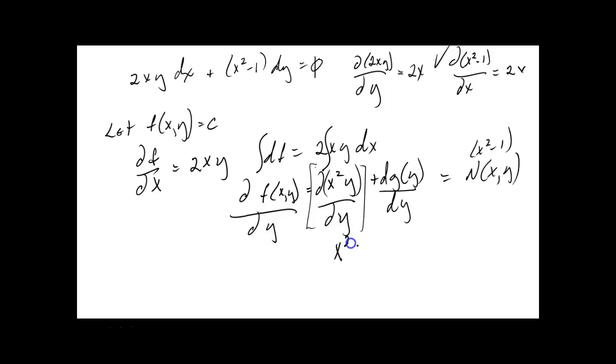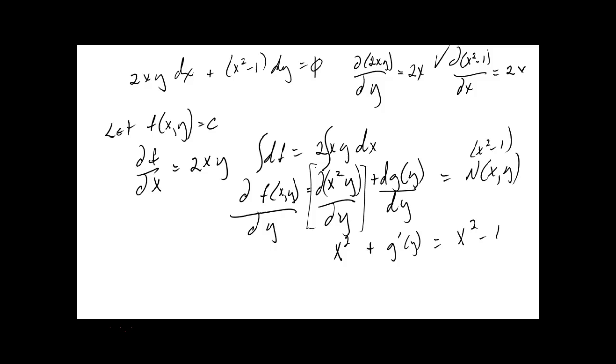Just x squared plus g prime, which is a function of y alone, is equal to x squared minus 1. Hey, I think I can figure this one out. The x squareds are x squared. That's pretty obvious.